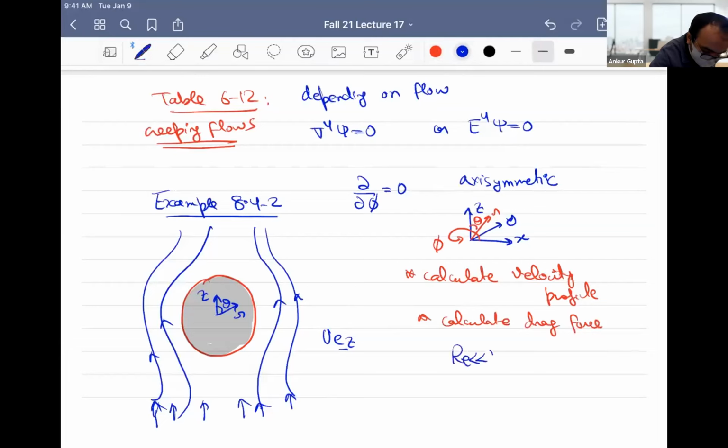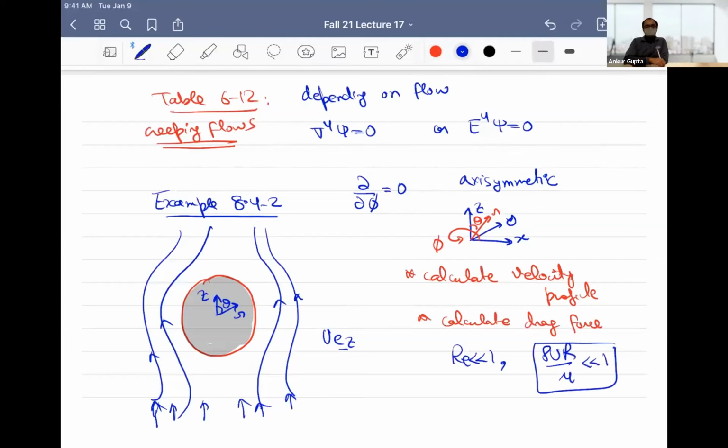It's a creeping flow problem, which means that rho u r by mu is small. Some people also use diameter, so it's just the same thing. Okay. Any thoughts on how we will approach? So it's creeping flow, right? And what are the components of the velocity we can expect? We can expect del by del phi is 0 and also v phi is 0.